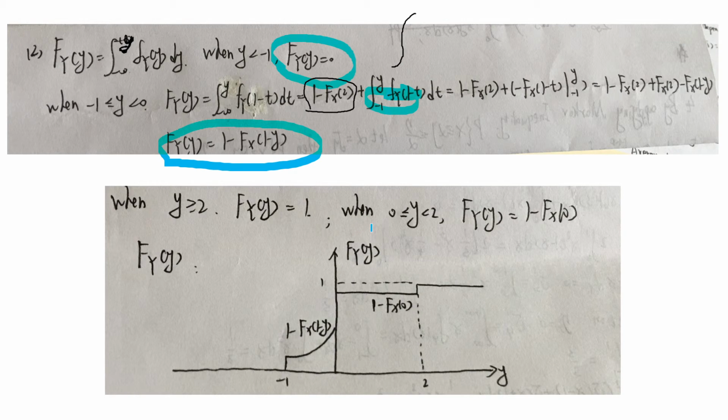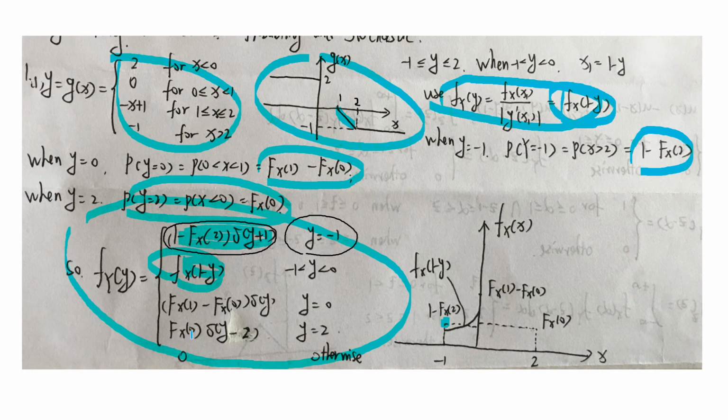And the last part we need to discuss is when y is located in the range between 0 and 2. We can tell from the probability density function here, when y equals 2, it should be like this, FX(0) here.